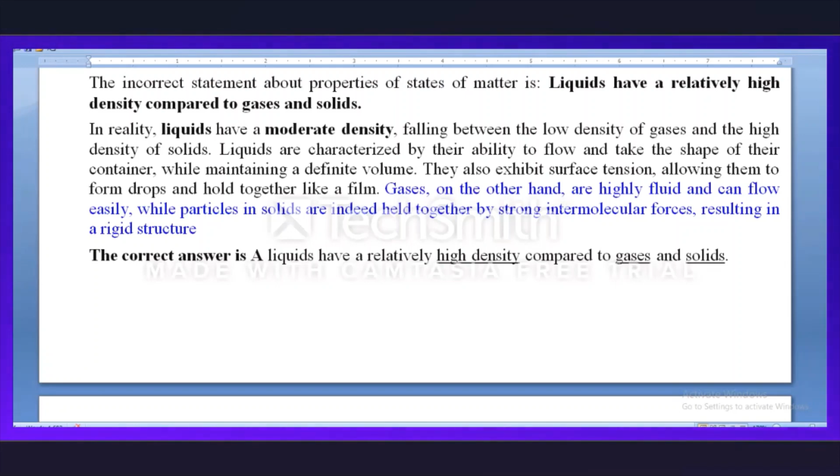While having a definite volume, they also exhibit surface tension, allowing them to form droplets and hold together like a film. Gases, on the other hand, are highly fluid and can flow easily, while particles in solids are indeed held together by strong intermolecular forces, resulting in a rigid structure. The correct answer is A, liquids have a relatively high density compared to gases and solids.